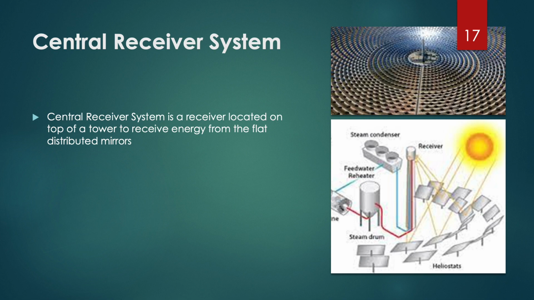The sun's energy is transferred to a fluid. Water, air, liquid metal, and molten salt have been used. This fluid is then pumped to a heat exchanger or directly to a turbine generator.